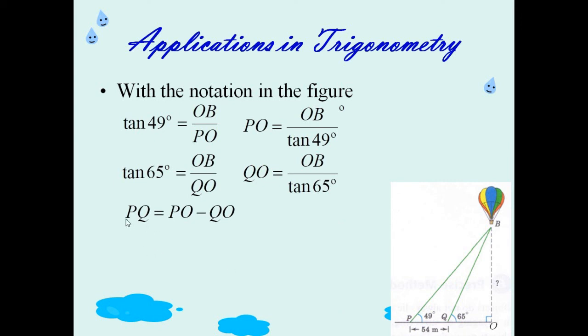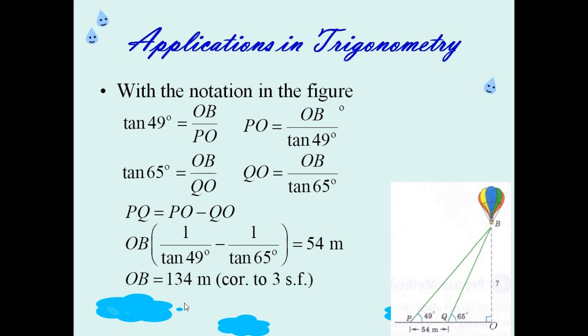So the total length for PQ is PO minus OQ. Now, because OB is a common factor, we take it out. In order to save space, I just divide this to the right hand side directly and then calculate OB, which is 134 meters. You can include a step that divides by the expression here and get the answer at the same time.